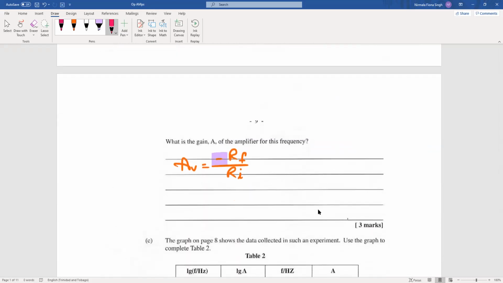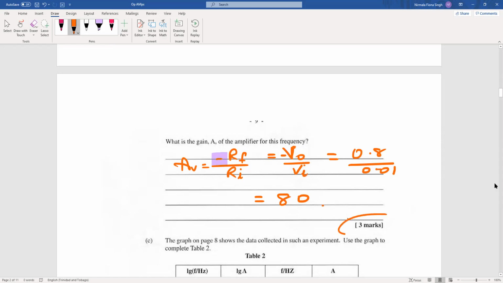All right, so I want to work out my gain. It's just going to be my output over my input. And what was my output? 0.8. And what was my input? 0.01. And I get a gain of 80. All right, so the gain here is actually less.